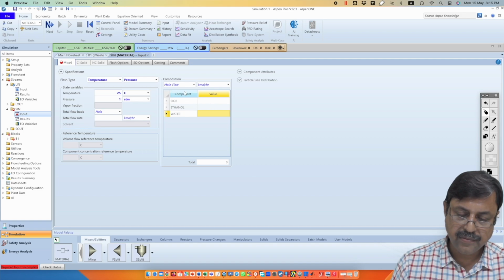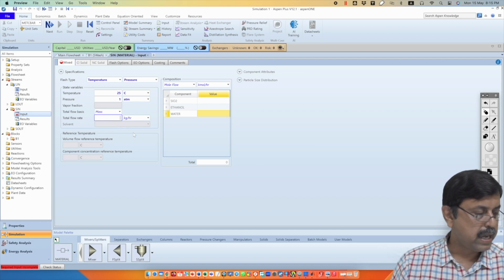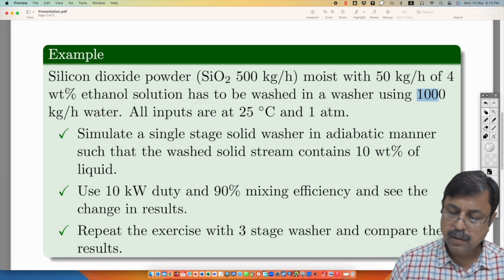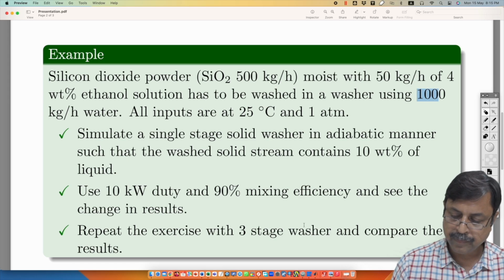And we have in the mixed stream 50 kg per hour of a 4 weight % ethanol solution, right?